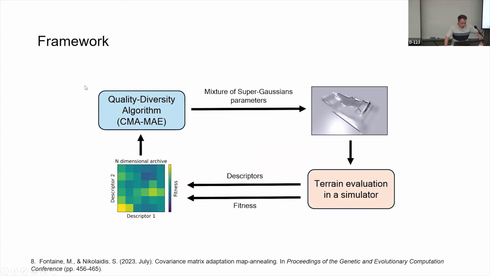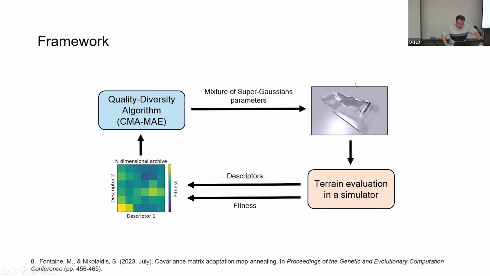So in the end, this is the framework I obtain. I have the quality diversity algorithm that generates a mixture of super Gaussian parameters. Using that, we generate the terrain and we evaluate the terrain in a simulator.